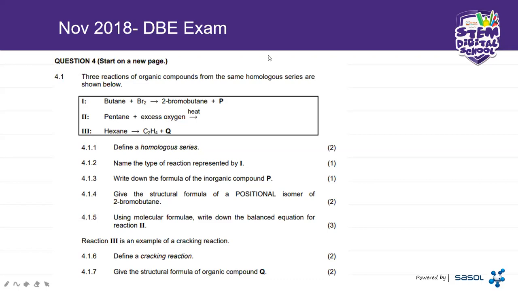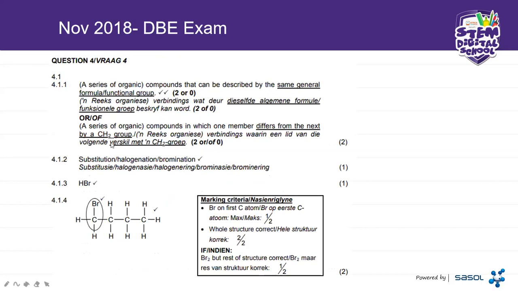If this is a positional isomer, it means we're changing it from one position to another. So you see, this is a positional isomer. You could take it from here and move it there, or move it there.